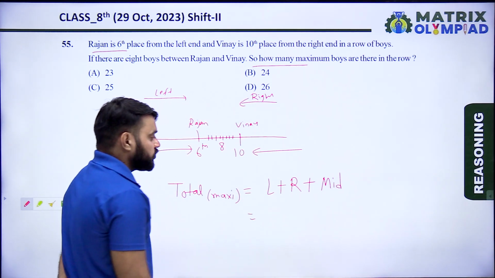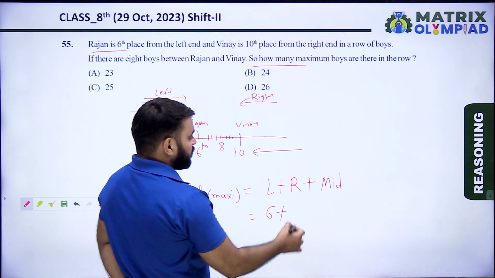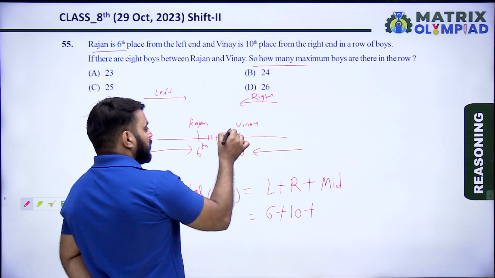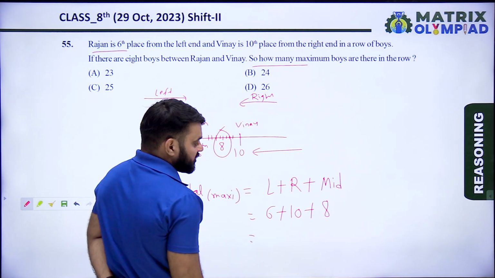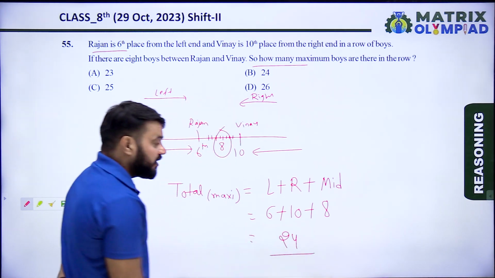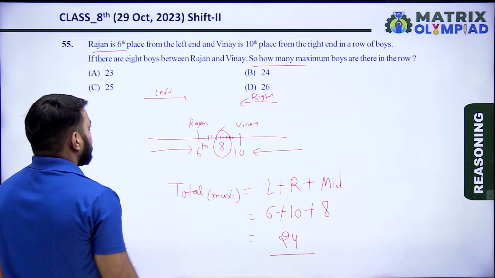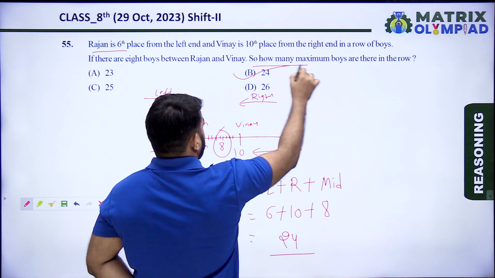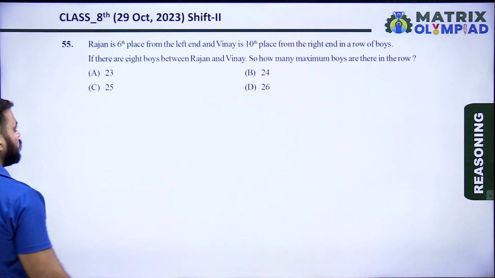So left position of Rajan is 6 plus right position of Vinay is 10 plus number of mid persons between Rajan and Vinay is 8. So 6 plus 10 is 16, plus 8 is 24. So there are 24 maximum boys in this row. So option 24 is the correct answer, so option B is the correct answer of this question. So let's move on to the next question.